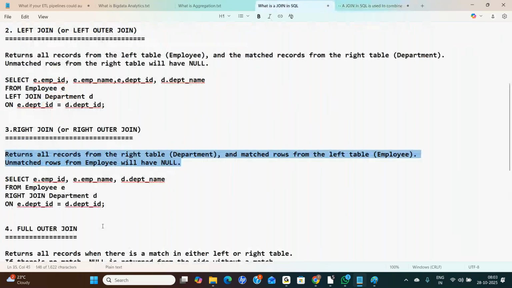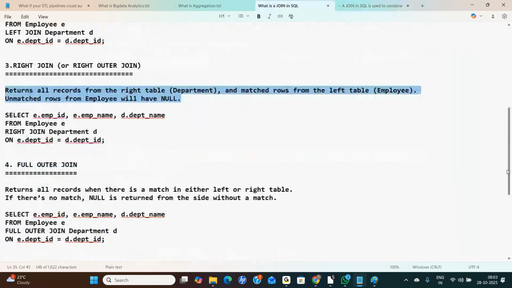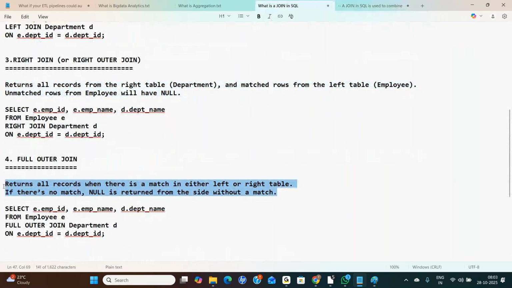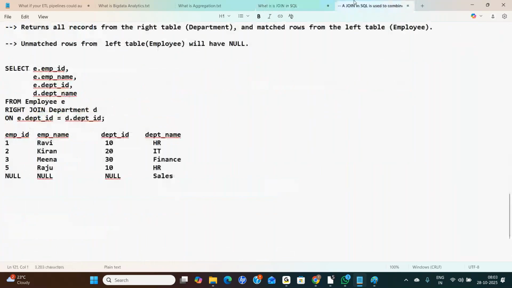And the full outer join. What do you mean by a full outer join? A full outer join returns matching rows plus unmatched rows from both the tables. Full means from both left and right table, unmatched rows will be written.